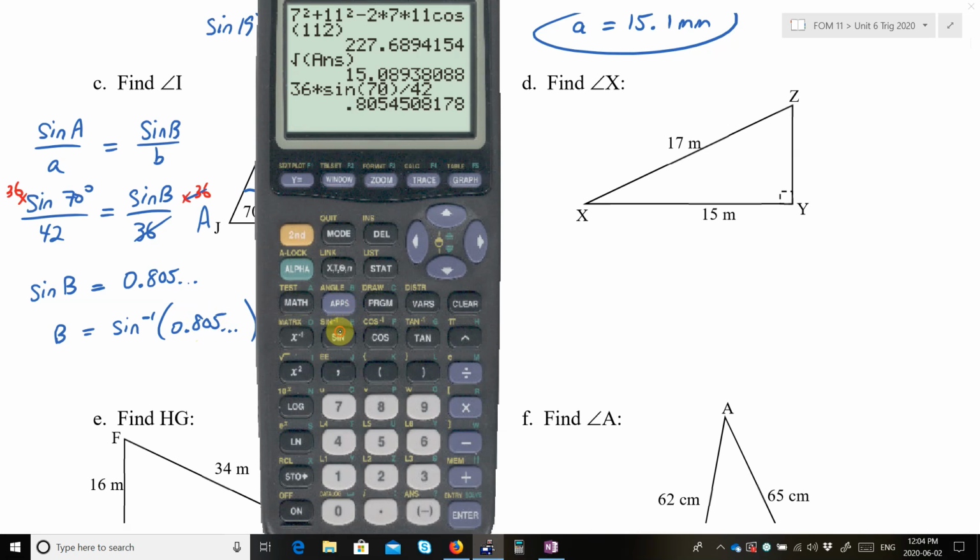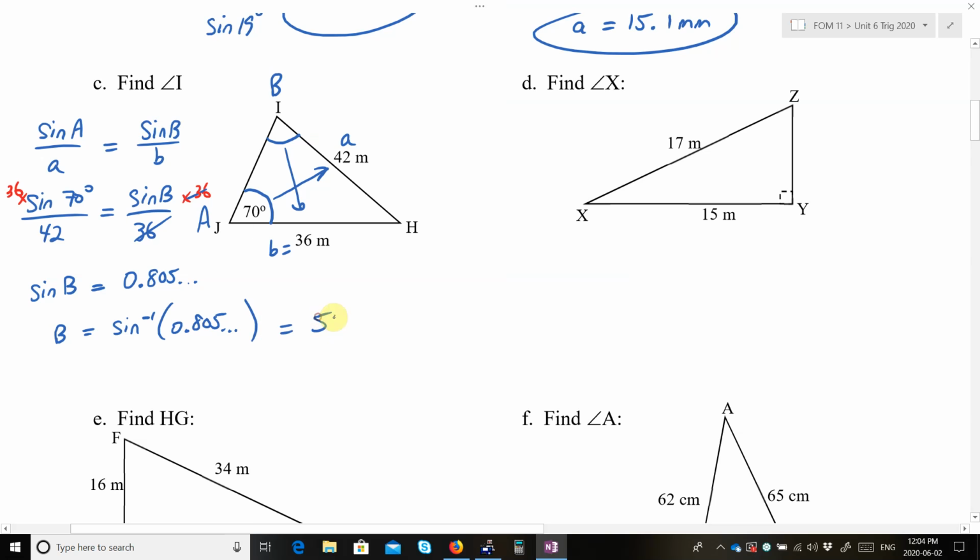So I go second function sine, and I want to put the answer in there, so second function negative key. See that little word answer in yellow is underneath, and the answer is 53. But with degrees, we go to the nearest degree, so 54 degrees approximately. Okay, and you can see that that is consistent with the answer key.